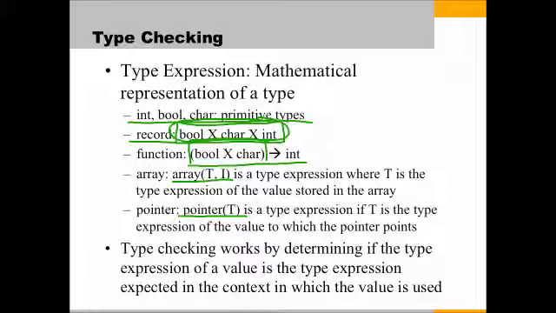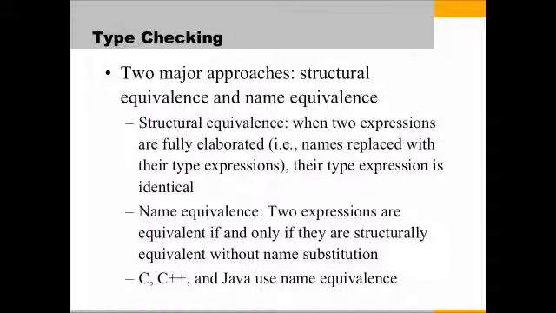So for example, there's a simple case. If I say A equals B plus C, what this starts with is that maybe this is an int and this is an int, so it infers that the whole expression is an int. And then maybe on the left-hand side, this might be a float, so they're not strictly speaking type equivalent, but it would accept it because they are type compatible.